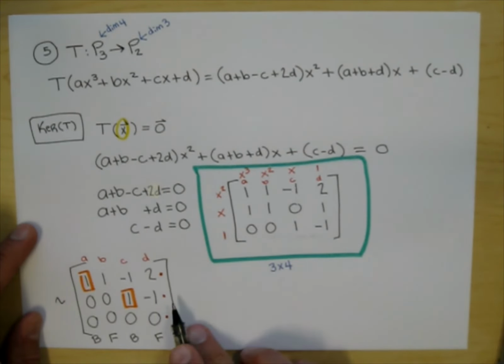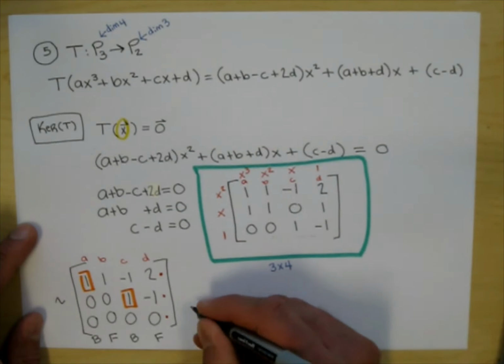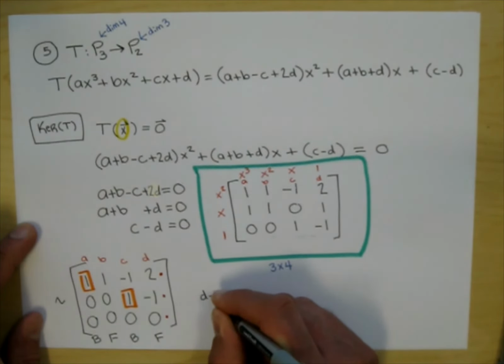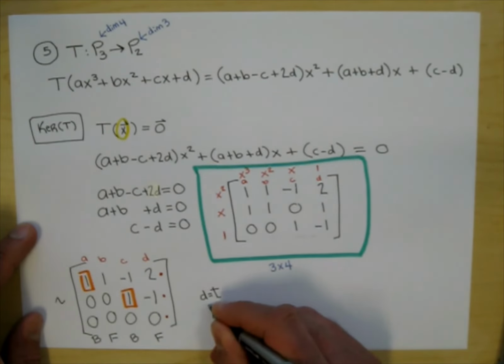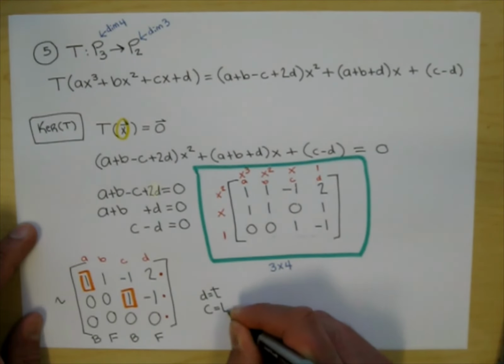So when you go to solve this, those red dots are zeros. I end up getting D is T, because he's free. The second row gives me C minus D equals 0, so C equals T as well.